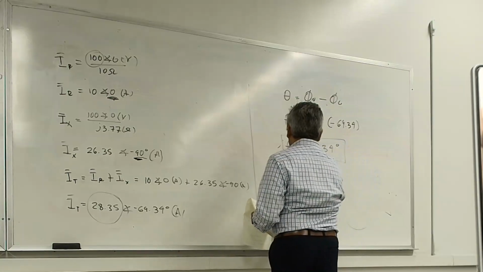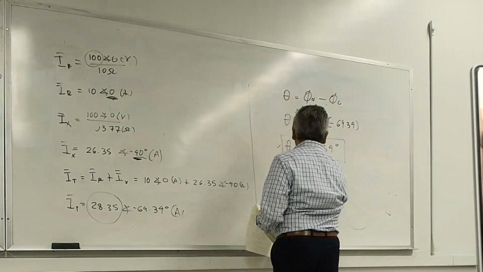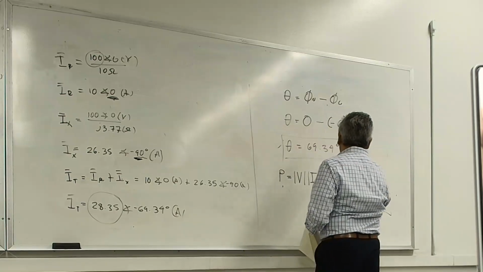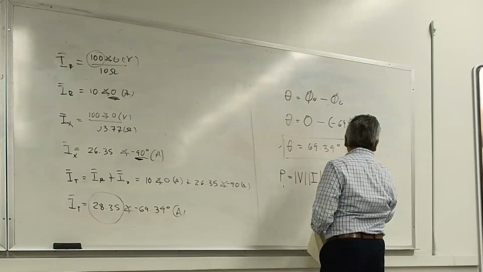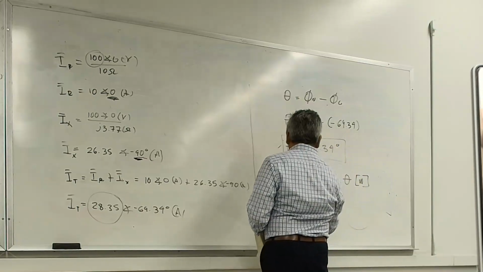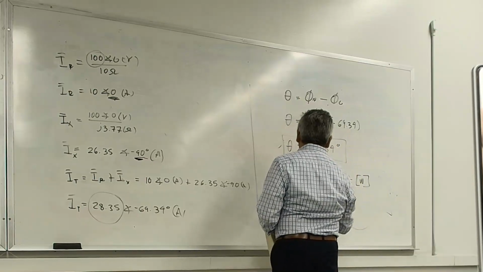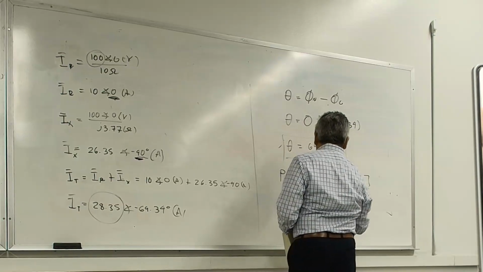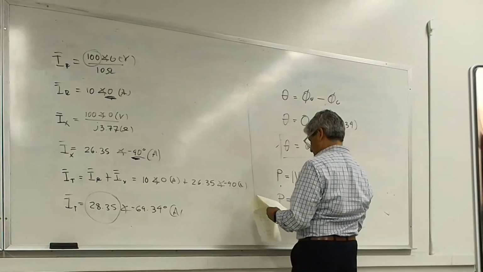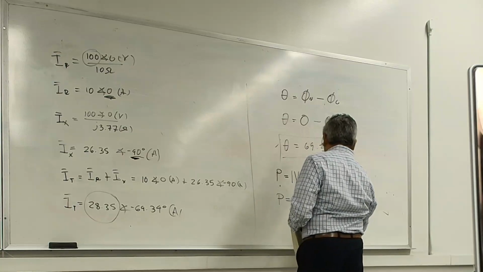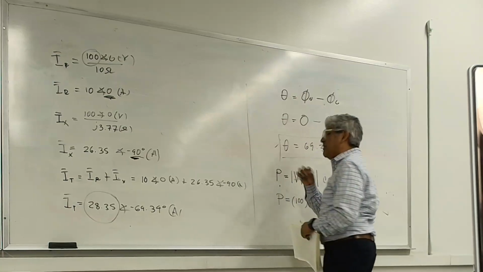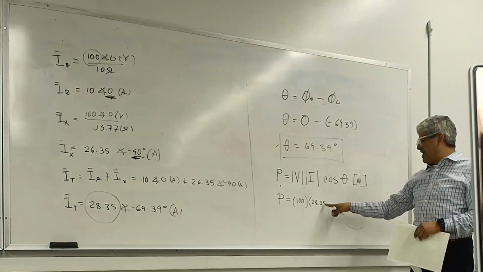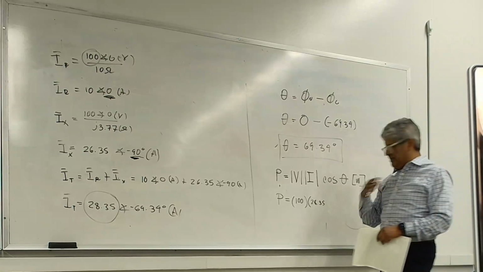So P is equal to V magnitude times I magnitude, not phasors, times cosine theta, and this is in watts. That's my formula. So P is equal to 100 volts times 28.35. This is where I made the mistake. If you see my slides, I think I corrected it, but in the slides I'm going to upload, you might see I left 28.53. I'm sorry.